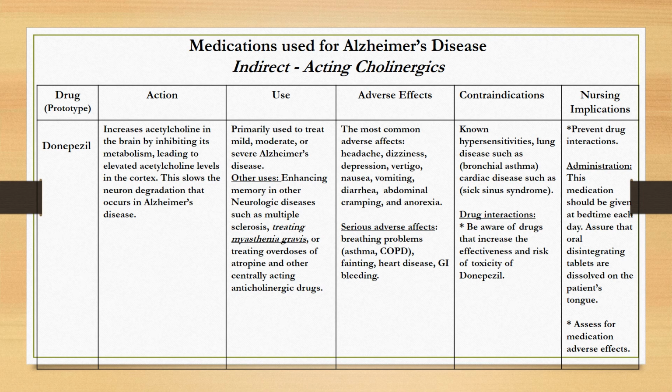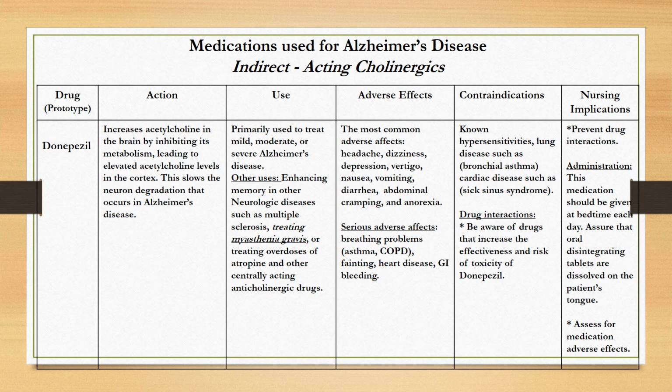And of course, contraindications are the same: bronchial asthma and sick sinus syndrome. And watch about drug interactions that can increase the effectiveness and actually cause a risk of toxicity of this particular drug. So we want to prevent those drug interactions.